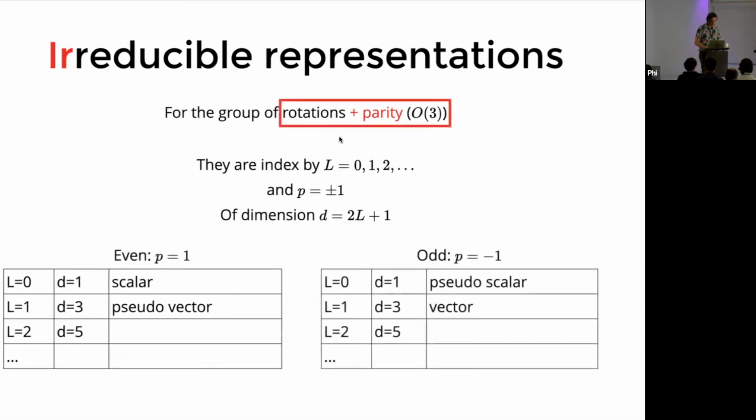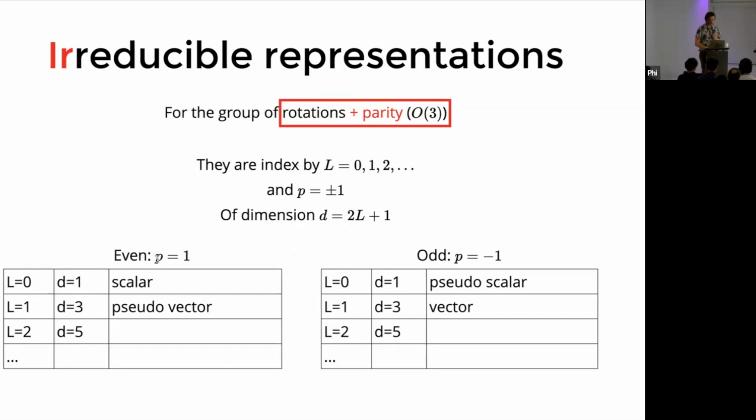Now, if we look at rotation plus what I call parity, which is an inversion of space, it's a bigger group. It doubles the number of irreducible representations. Now you still have this L to index them, but you have another index to represent how they behave with respect to parity.